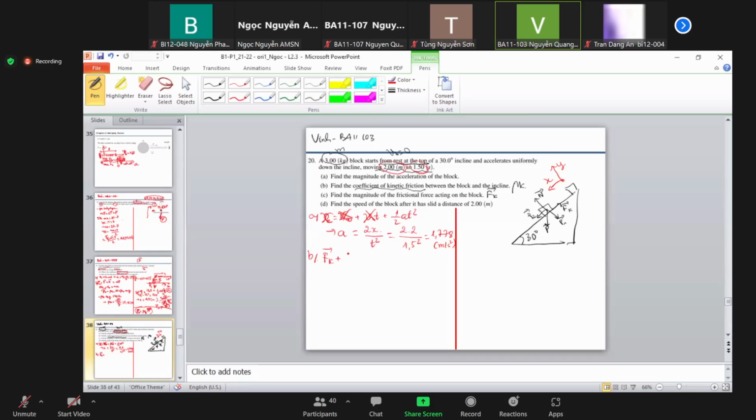Plus P2, you can write it down, P2, and equal to ma. So Fk equal to P2 minus ma.